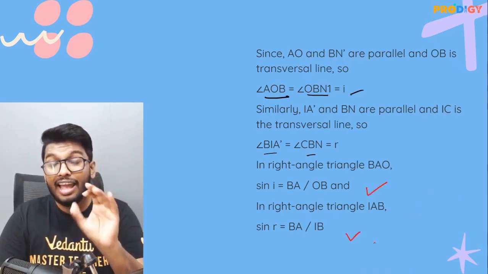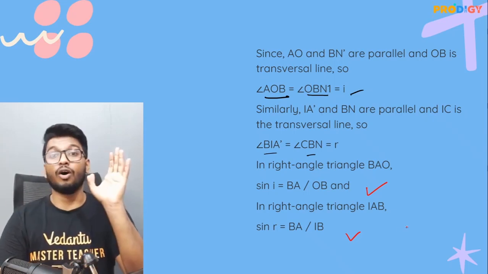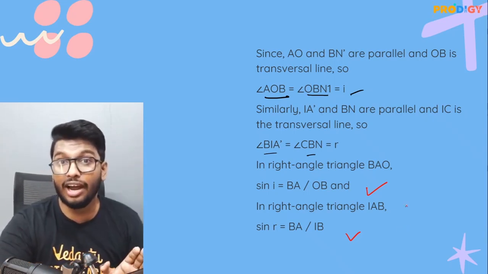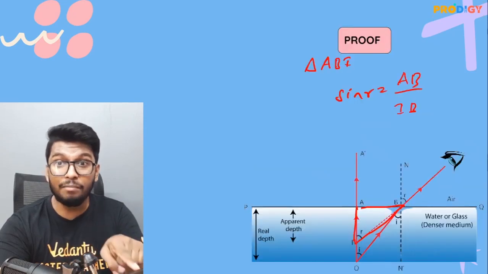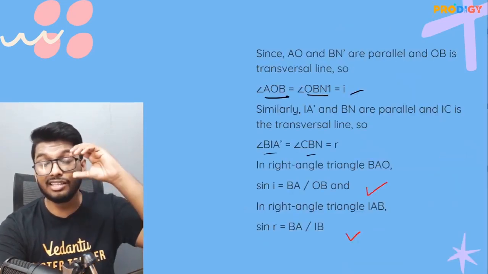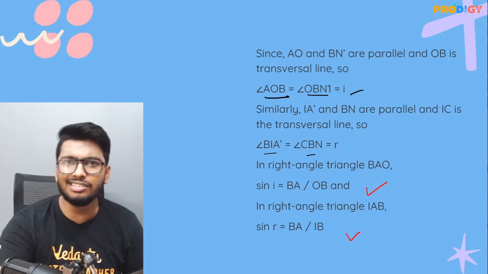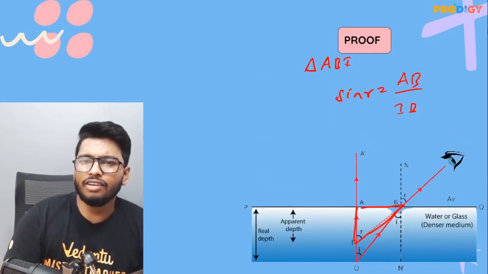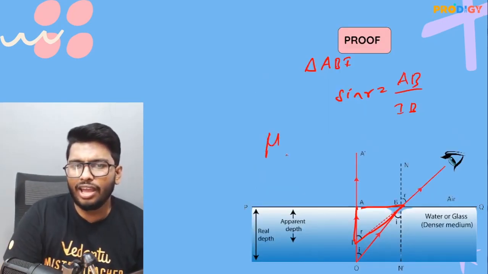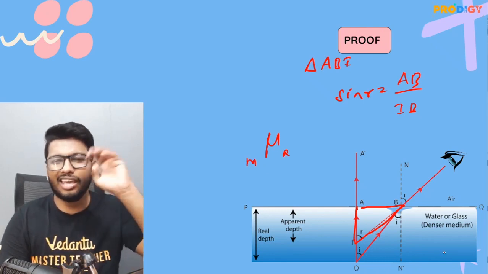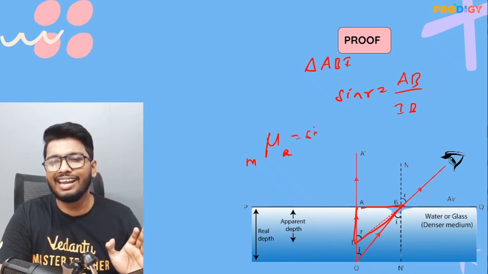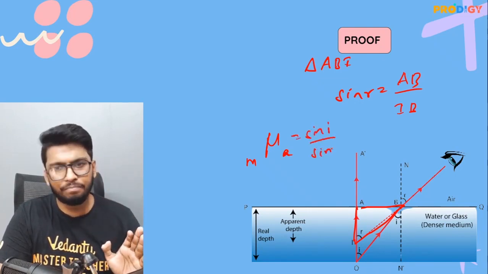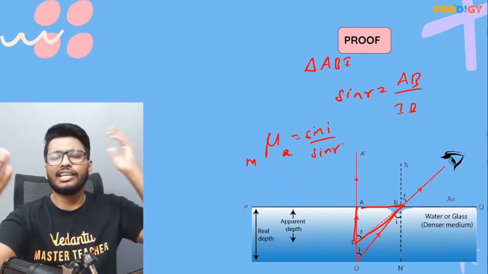Now, according to Snell's law, we know that the refractive index of one medium with respect to the other is sin I by sin R. In this case, I can say that the refractive index of air with respect to the medium, which can be either water or glass, is sin I divided by sin R. Snell's law, your second law of refraction.